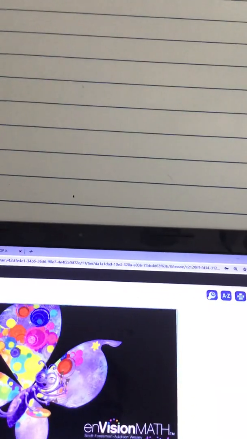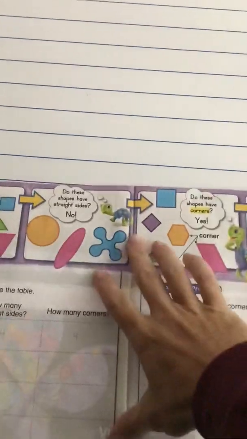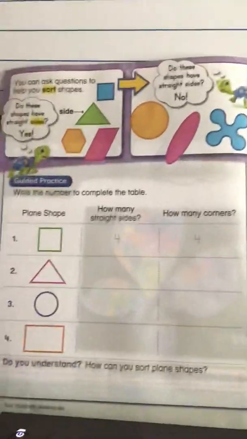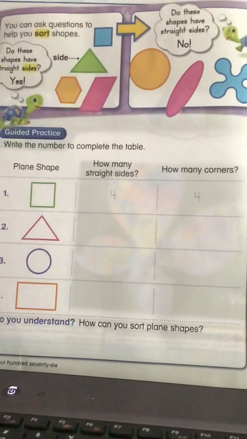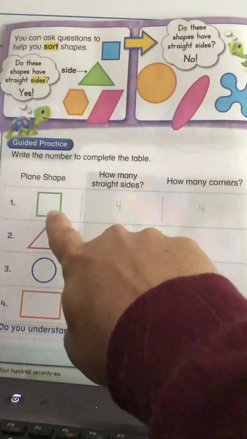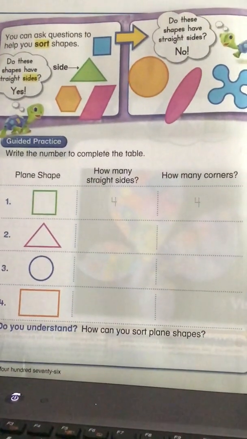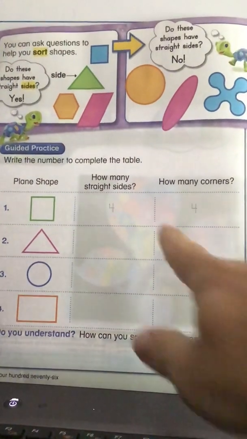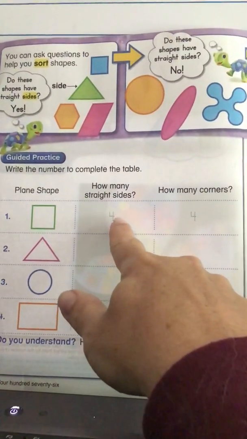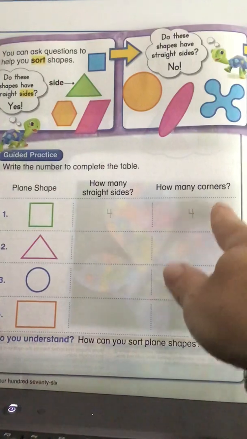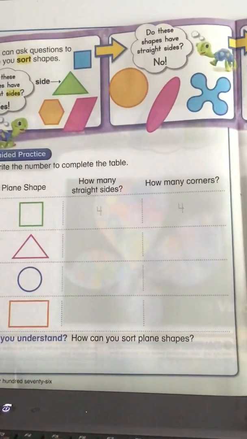All right, open up your paper to the inside. Okay, so we have a chart here to fill in. For number 1, it tells us to look at the plane shape. Then we're going to count how many sides, straight lines, and how many corners for each of these shapes.